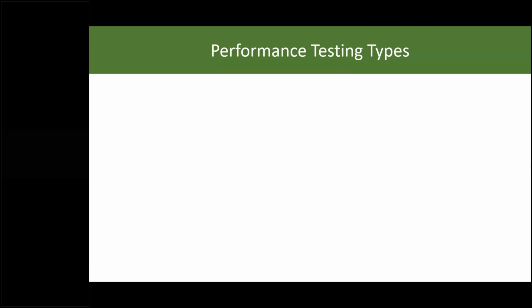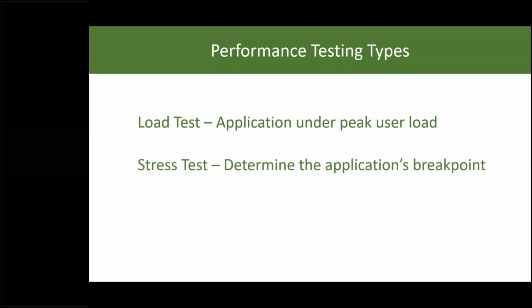There are different kinds of performance tests. Performance testing is not one type. Let's look at some of them. Load test is the application under peak user load. Stress test is to determine the application breakpoint, that is, how long the system can endure the load. Soak test is to determine stability, usually run for a longer period of time.